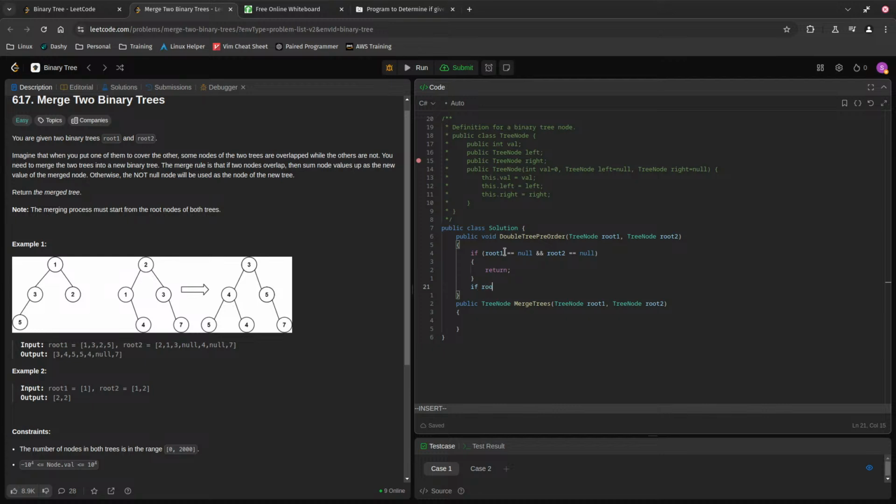If root 1 is equal to null and root 2 is not equal to null. Else if root 1 is not equal to null and root 2 is equal to null. Do stuff there. So what are we going to do?